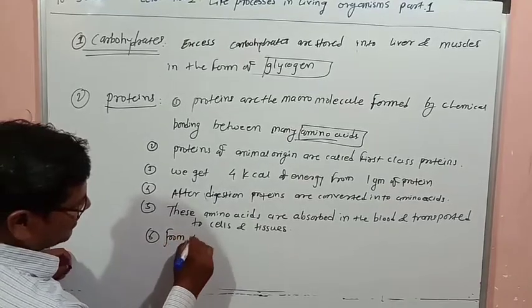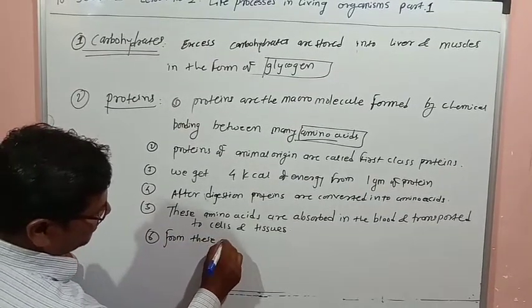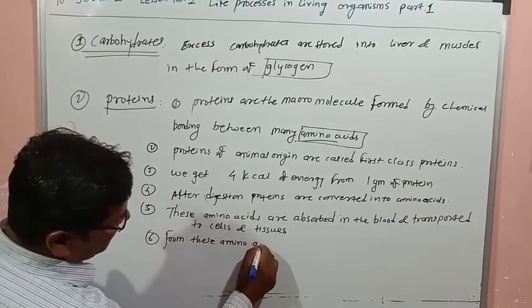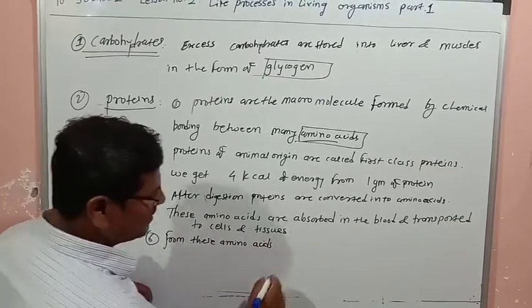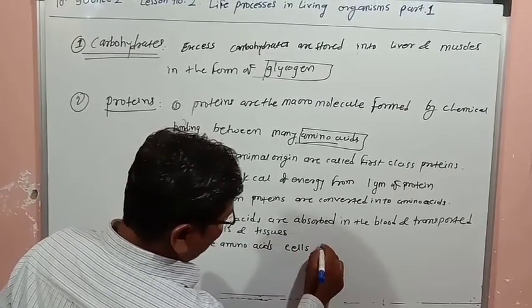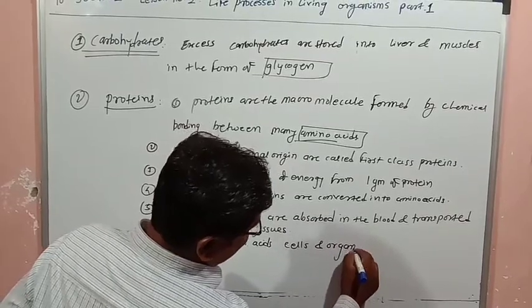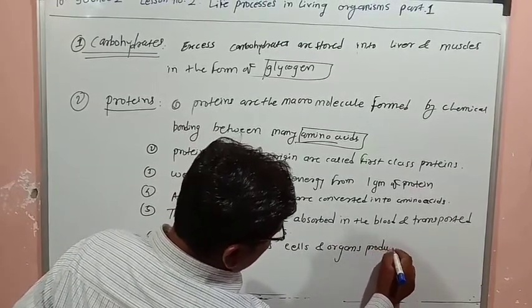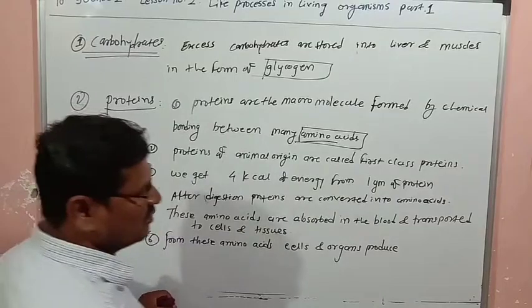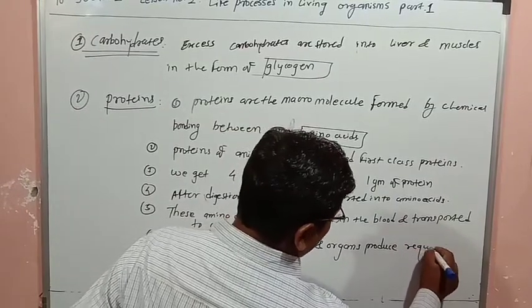From these amino acids, cells and organs produce the required proteins.